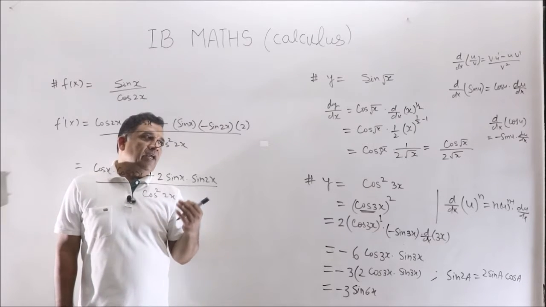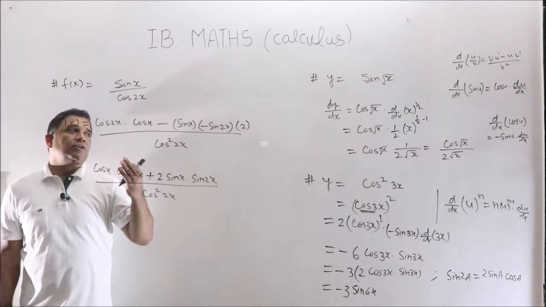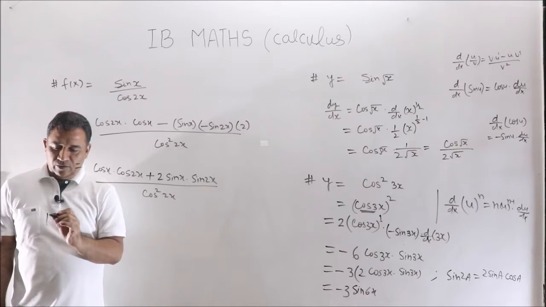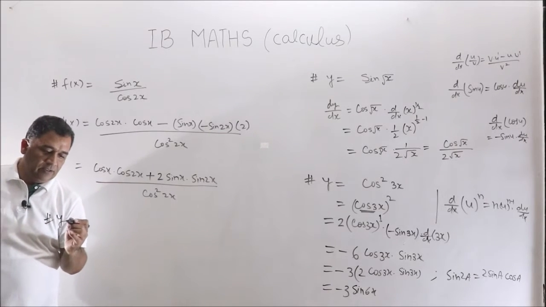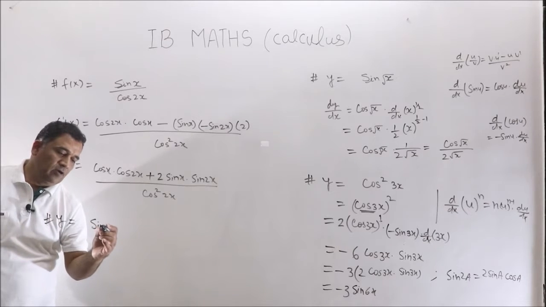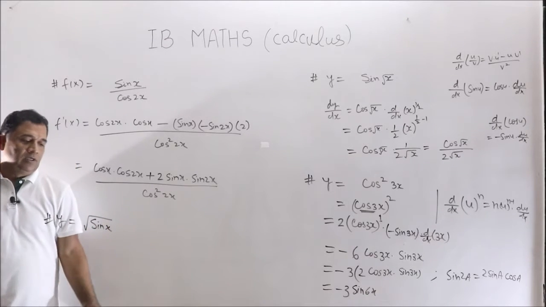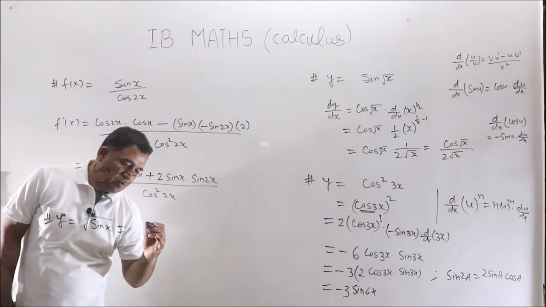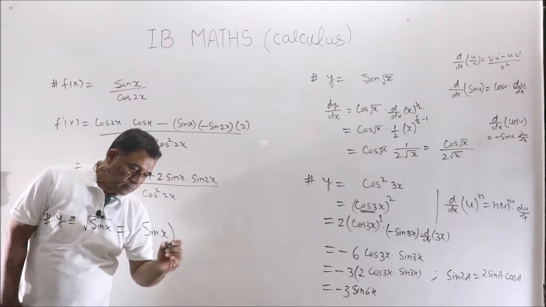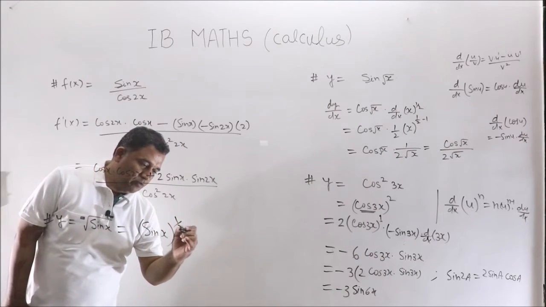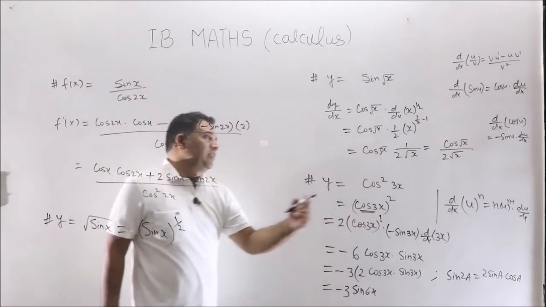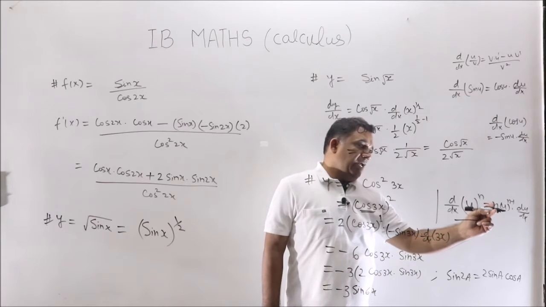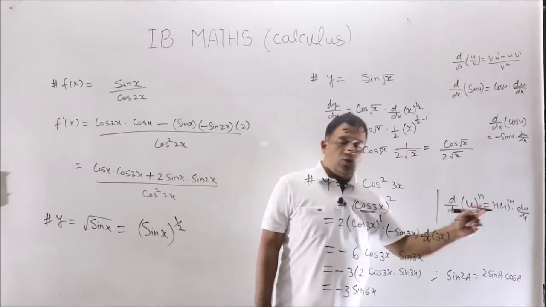If we have to find any question based on trigonometric functions, we have to apply the formula for the trigonometric function. Suppose we take a question like y equals sine of the square root of sine x. We must first write it in power form: sine x to the power 1 by 2. Whenever we have a power, we must come to this formula: u raised to power n is n times u raised to power n minus 1 times du by dx.